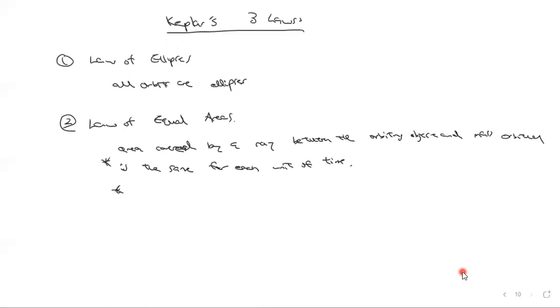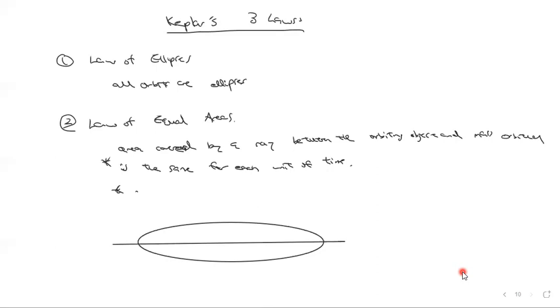The key takeaway, the corollary of that, is that in an ellipse, I've drawn a very extreme ellipse, but let's say your sun or whatever is being orbited is over here, and you've got, let's say, Earth or whatever going around.